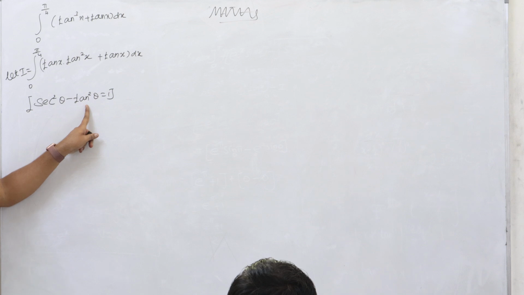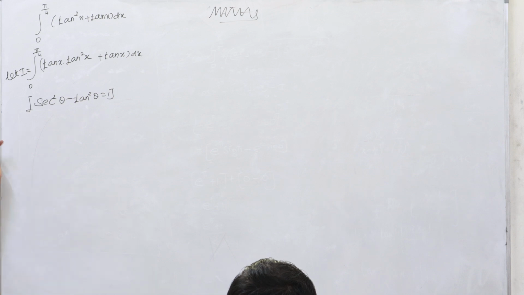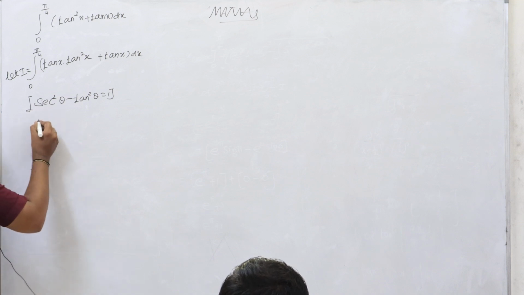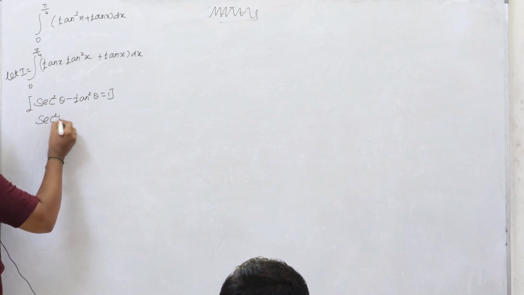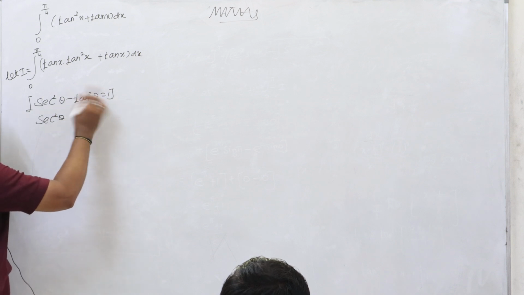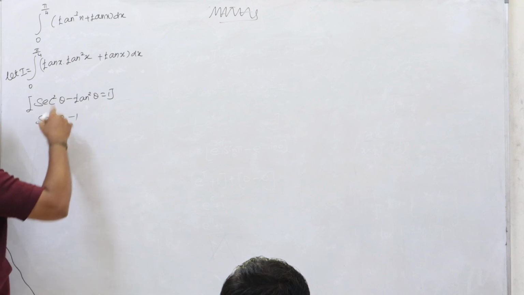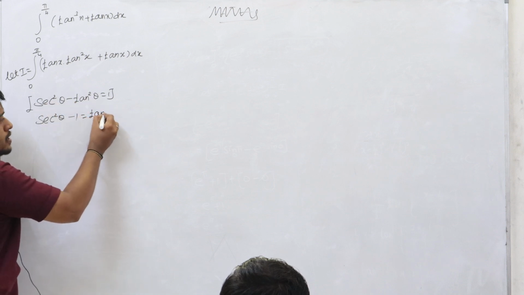The third is cosecant square theta minus cot square theta. These are the first three formulas of trigonometry. So secant square theta, keep it as it is. You just replace 1 and tan square theta: plus 1 will be replaced by minus 1, and minus tan square theta will be replaced on the right hand side.